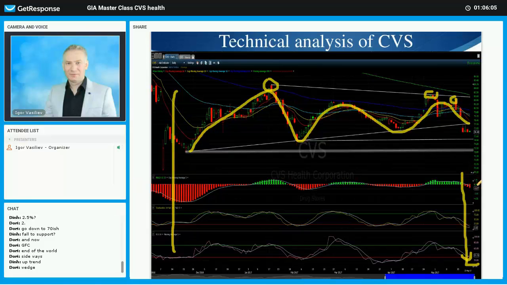These two are not showing us yet. We can see that it's still going down. Here it's still going down. It didn't turn around. So it can easily stay at this level or maybe go down a bit before the indicators show us.